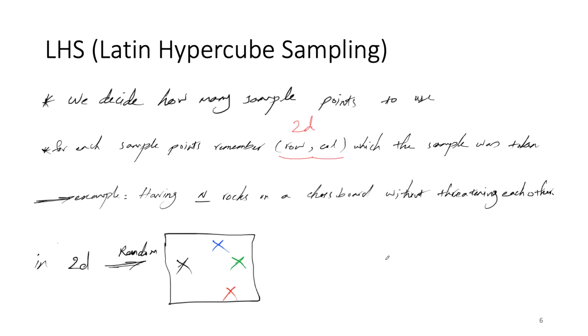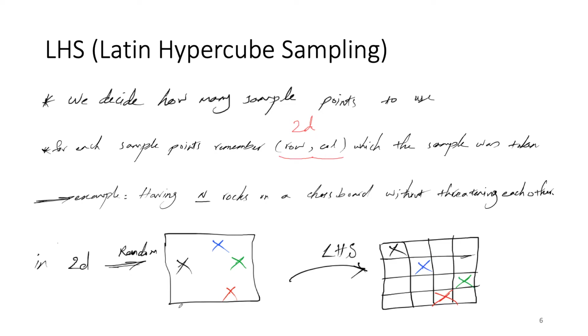So in 2D, say you have 4 points. I've shown them in black, blue, green, and red, right? If you want an LHS form of random sampling, this could become this. So you make sure each row and each column has one sample.